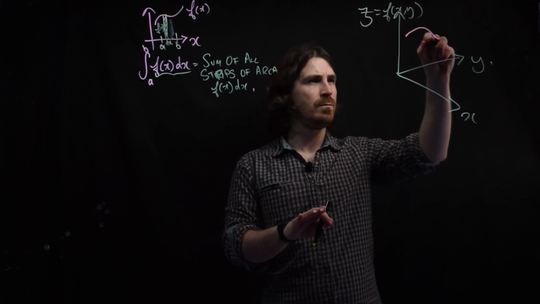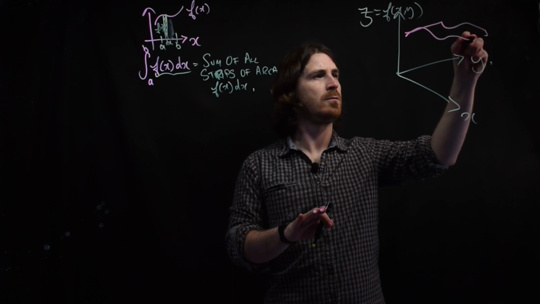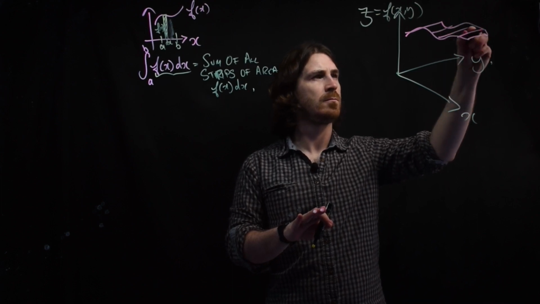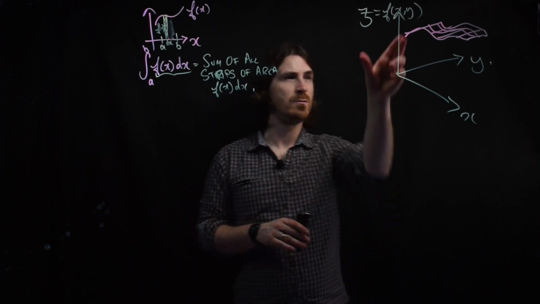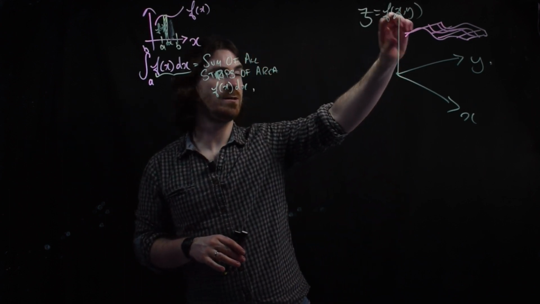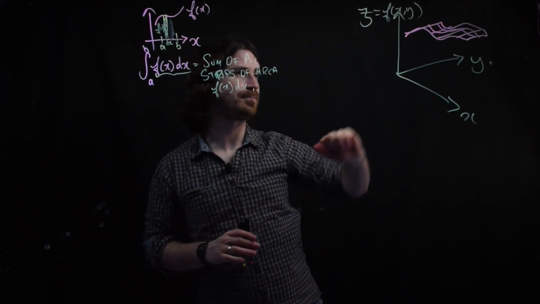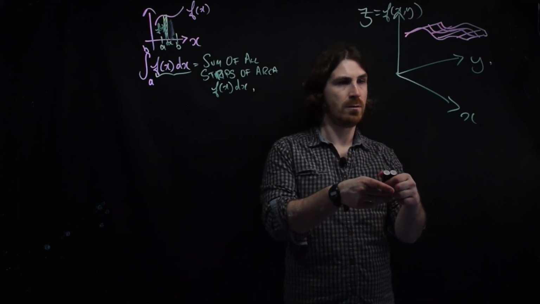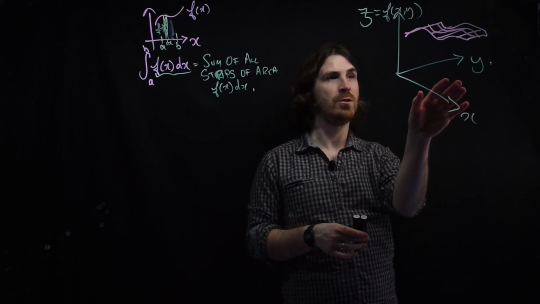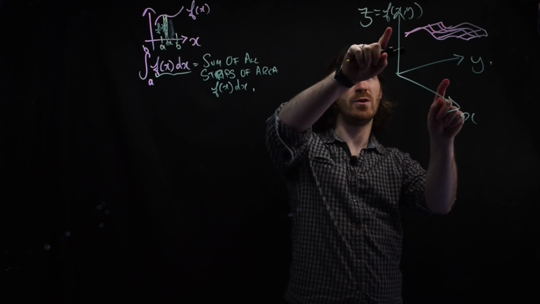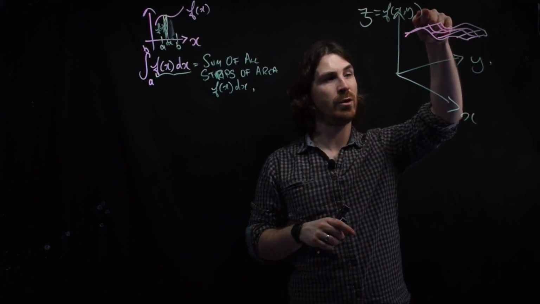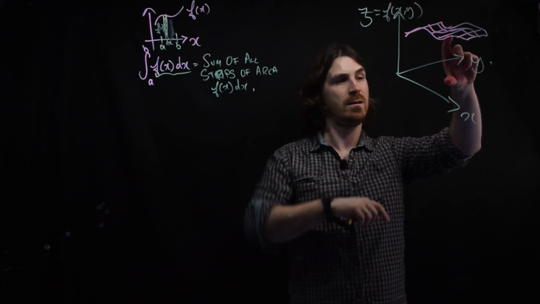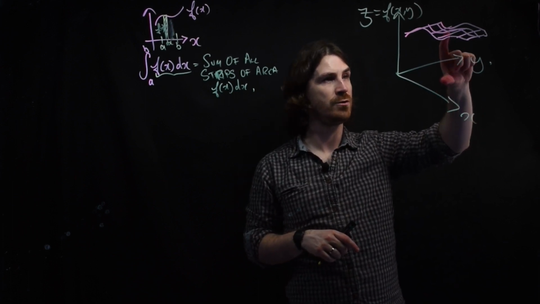Maybe it's some surface. Remember, this is the height above the xy plane. So you choose an xy coordinate, you plug it into this function and it gives you a value. That's the height. So this point is a point on the surface which is a height z above the x and y value you've chosen.